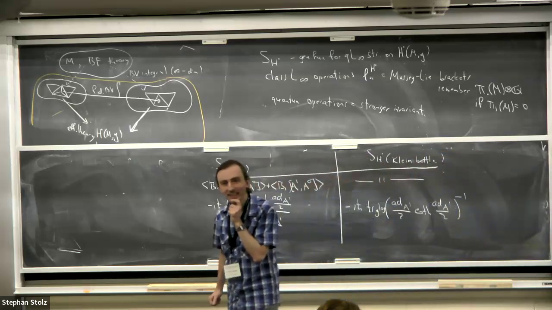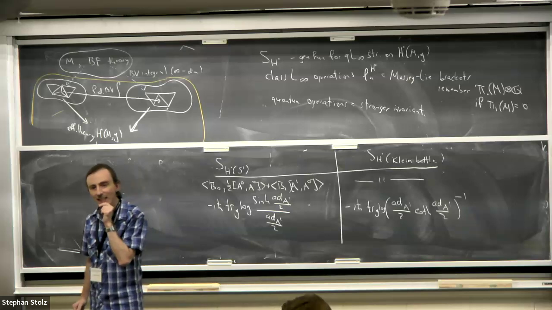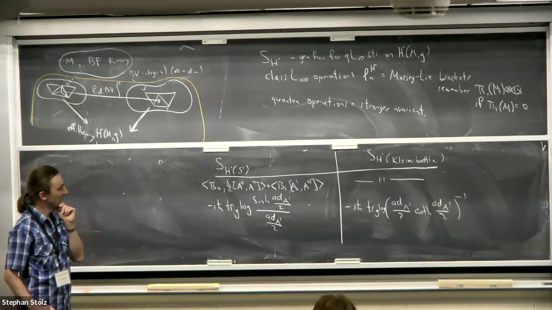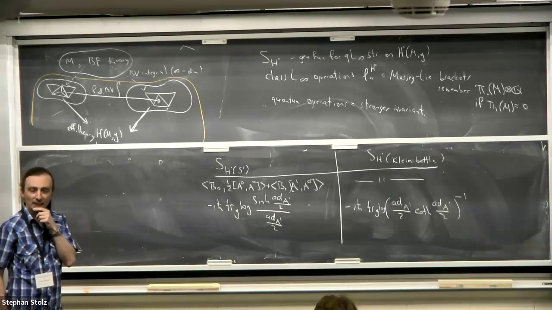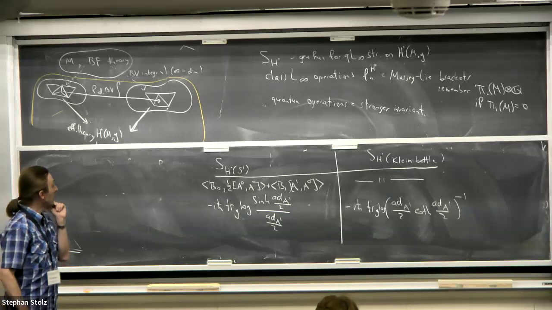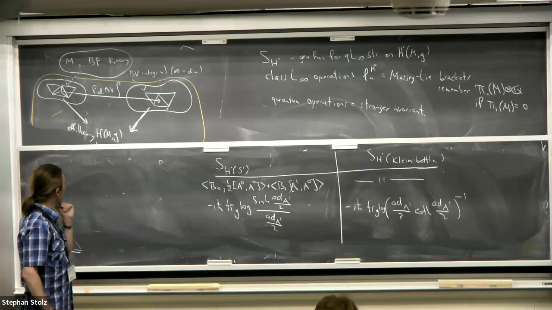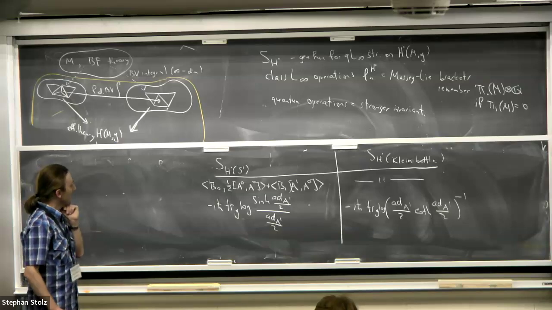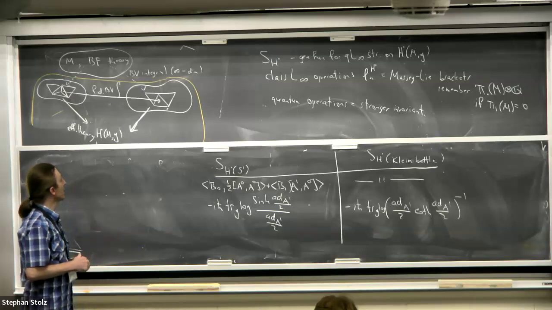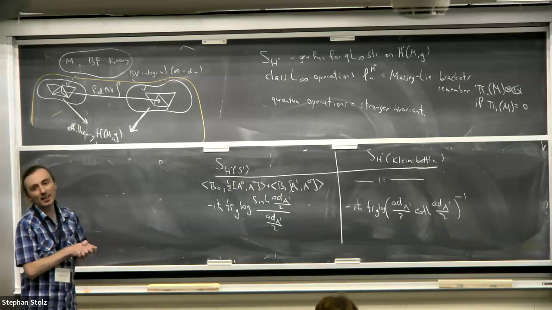Not a totally off-the-wall question, but can you deal with defects in BF theory this way? If I have a sub-complex of a simplicial complex, can I impose some conditions on the fields, or couple it to another, maybe BF theory, on that sub-complex? Right, that's a very initial question, and I think one should be able to put in defects or observables. There are easy things to put in and hard things to put in.